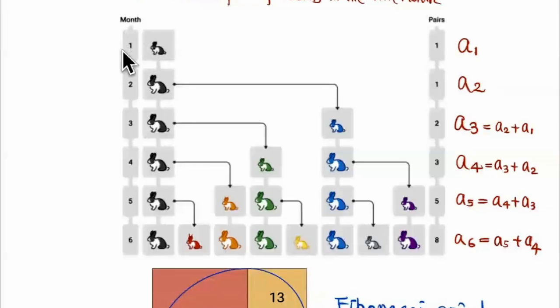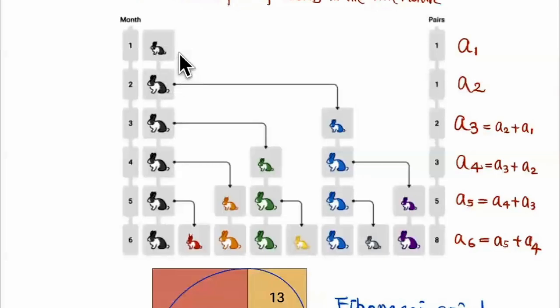Someone actually posed this question in the period that Fibonacci was alive. So suppose you start with one pair of bunny rabbit, okay, and the bunny is going to become mature at the end of 2 months, and it's going to produce another pair of rabbits.